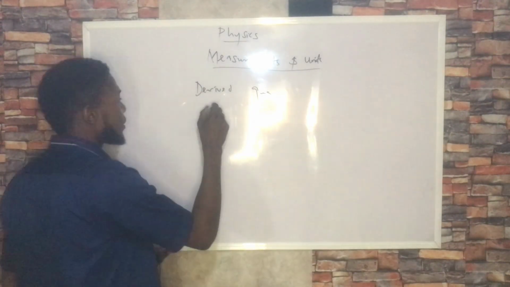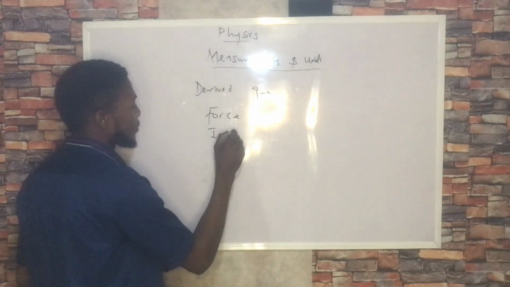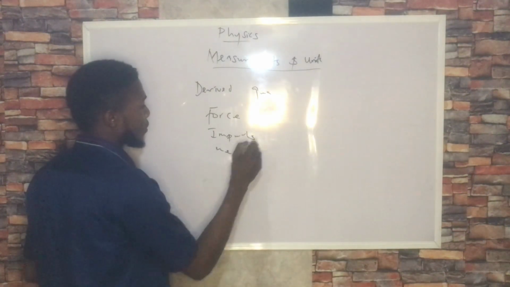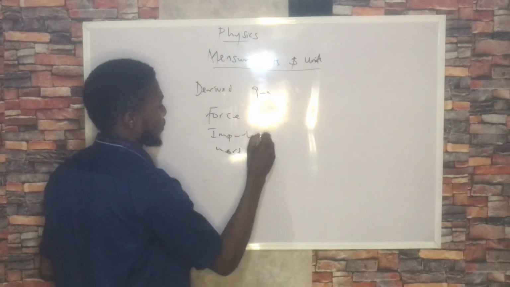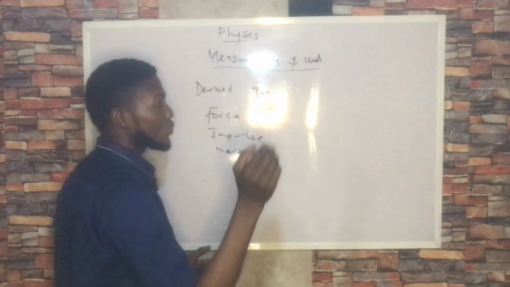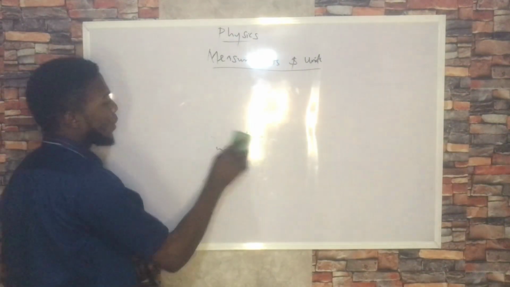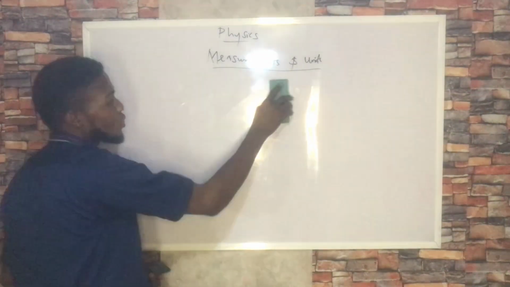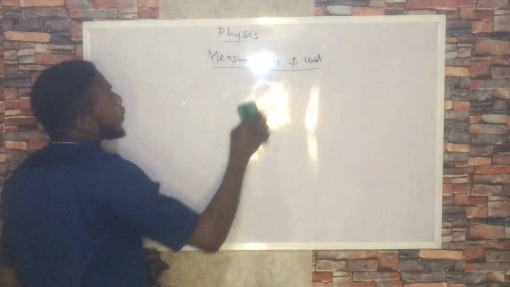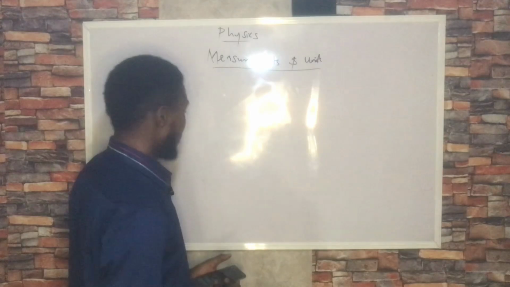We have derived quantities like force, impulse, work, and so on and so forth. We have a lot of them. And during the course of dimension analysis, I will bring in some of the derived quantities we have.